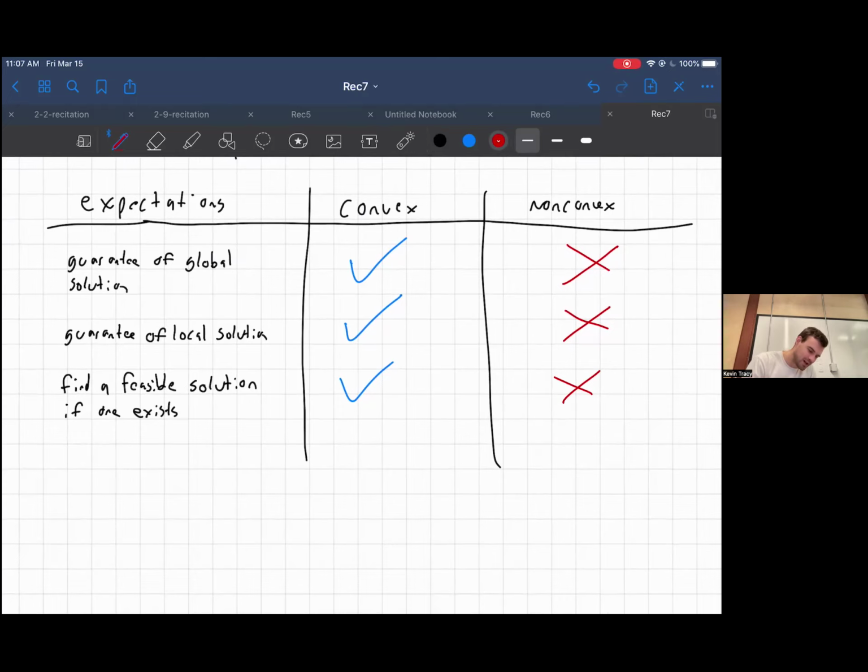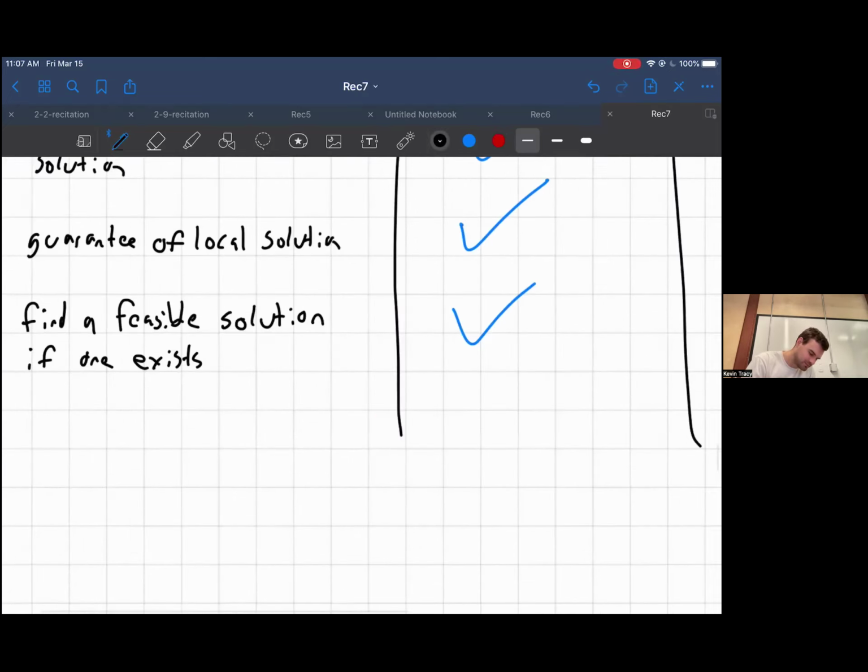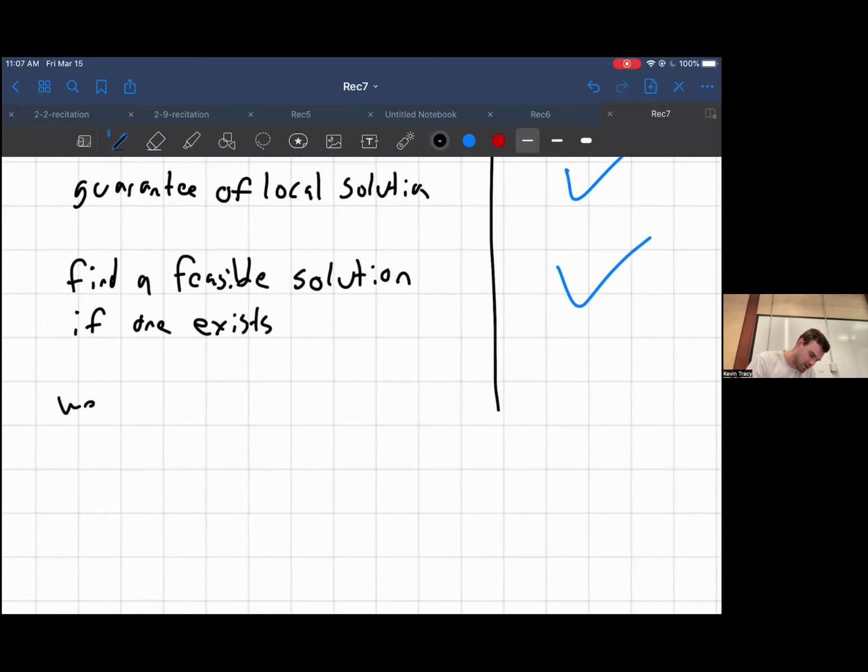This leads us to our last main distinction: we get a solution in polynomial time. We have a known complexity of solving convex problems, so we can get a solution in a reliable amount of time.